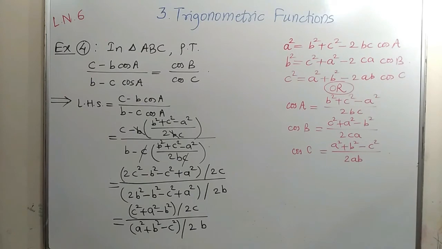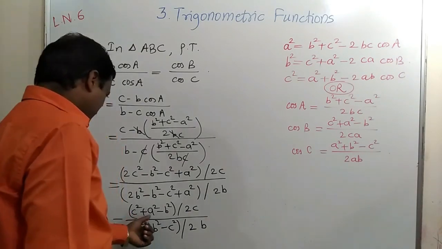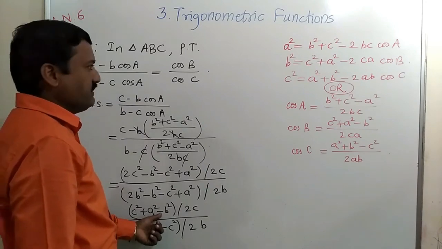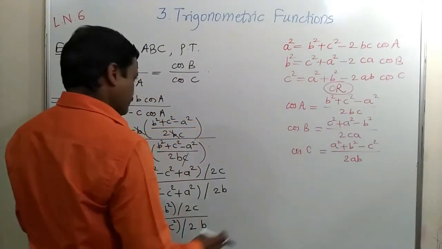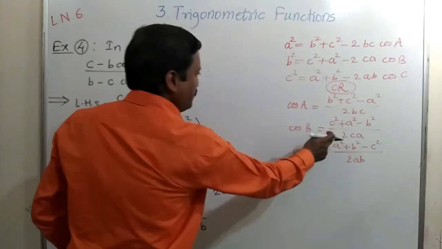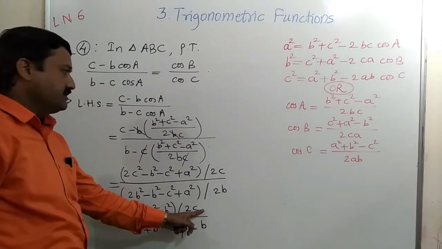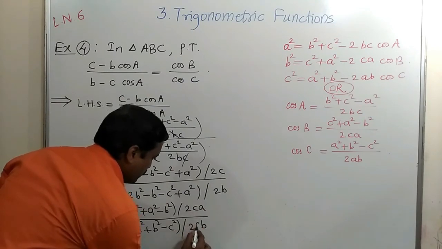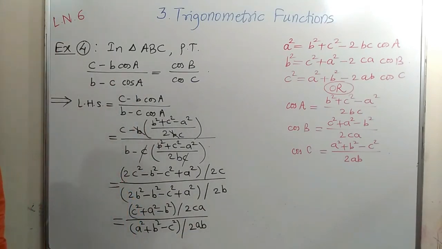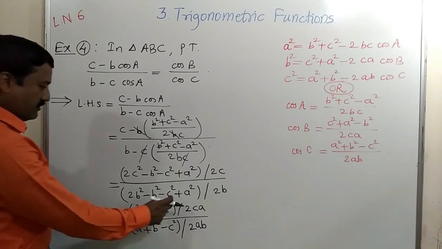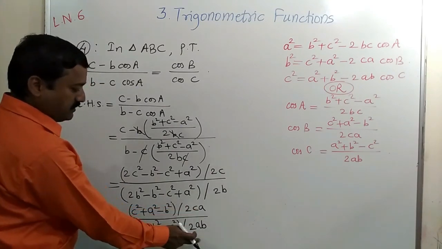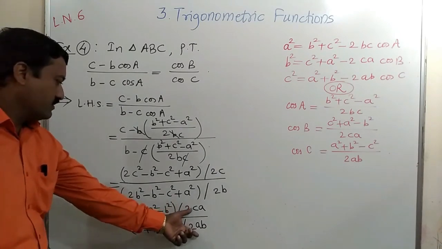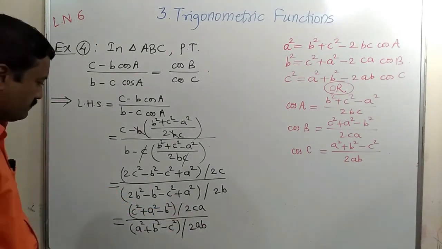Now if you observe these terms, then c square plus a square minus b square upon twice c. We can observe this term here, c square plus a square minus b square upon twice ca. Here a is absent, so we can multiply both numerator and denominator by a. So multiply numerator and denominator by a, we get the same.